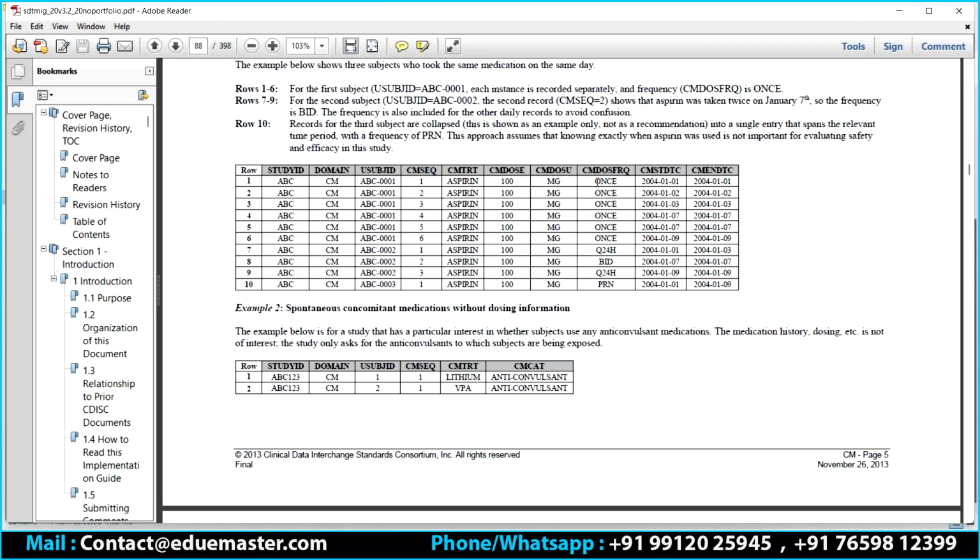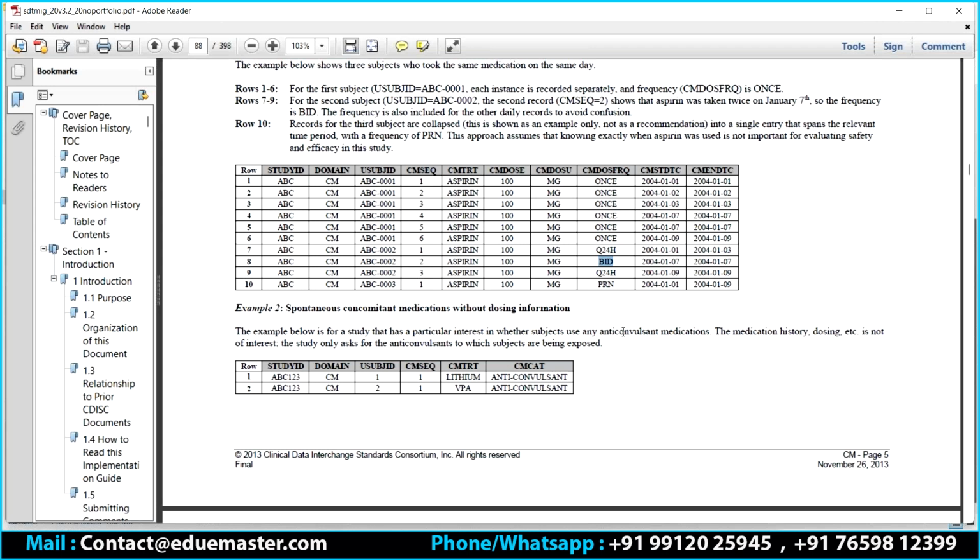And here you can see that for the first patient, the sequence is going to be 1, 2, 3, 4, 5, 6. 6 days he has taken the medicine. Every day it is going to be once, right? Then you have another patient, right? So he has taken this particular one for alternate 24 hours. That is for every 3 days once he has taken this.